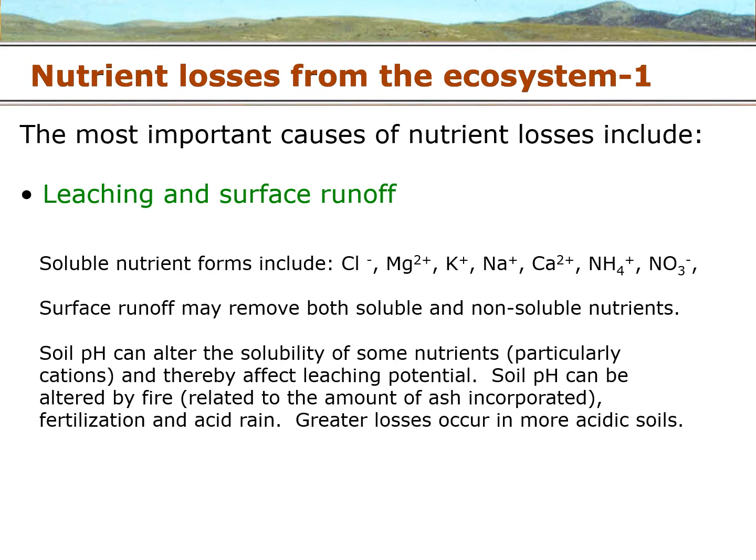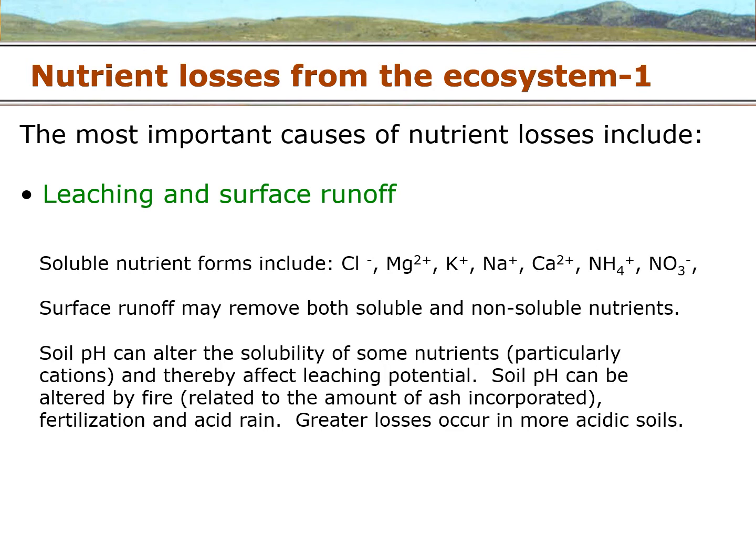So let's switch from talking about fixation of nutrients to losses of nutrients. One cause of loss is leaching and surface runoff of nutrients. For example, the soluble nutrients include chlorine, magnesium, potassium, sodium, calcium, ammonia, and nitrate. Surface runoff may remove both soluble and non-soluble nutrients.